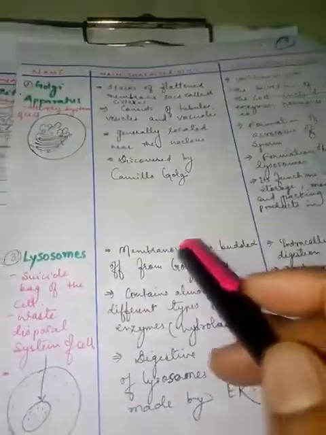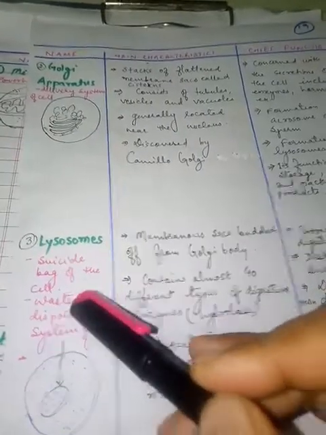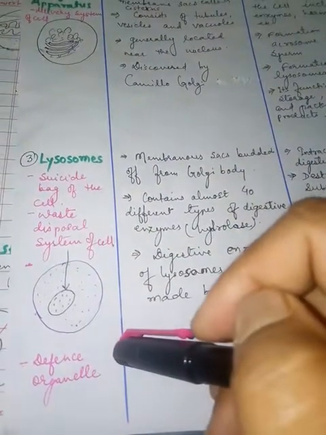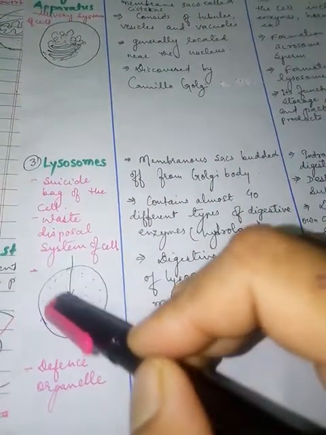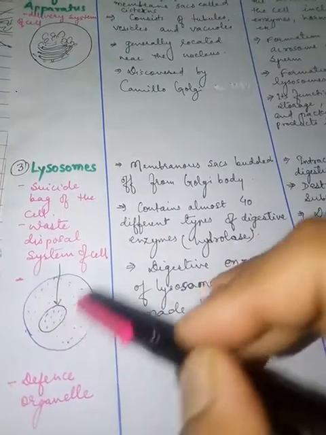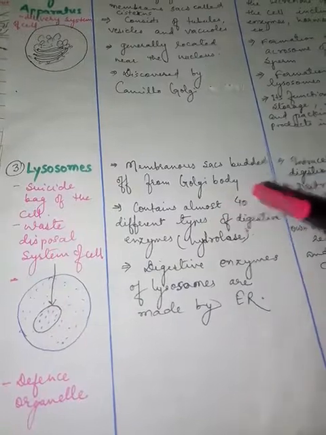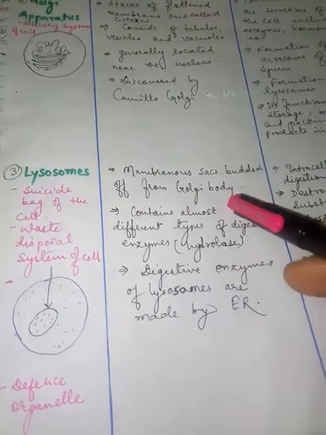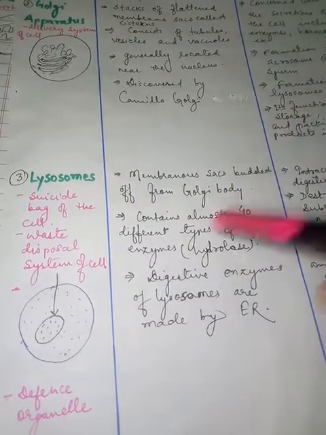Now come to lysosomes. Lysosomes are called the suicide bag of the cell or the waste disposal system of the cell, or sometimes called the defense organelle also. Can you see the structure of lysosome? It is again a membranous bag-like structure, which has been made from the Golgi body itself, as we have discussed right now.